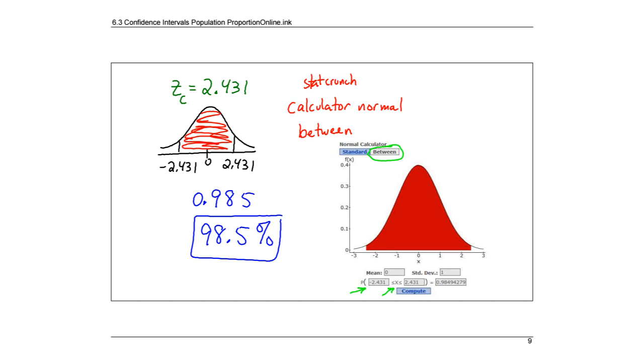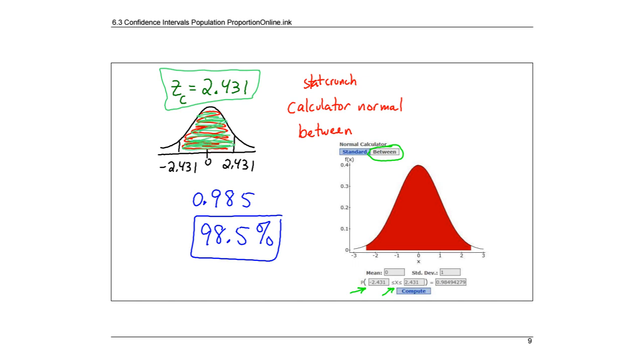Okay, so by me telling you that the critical value is 2.431 and I want to find C, I know that for z of c and the confidence level, I'm looking at the area between.